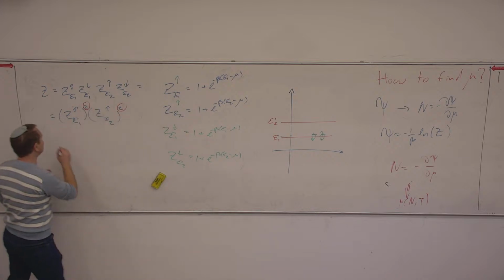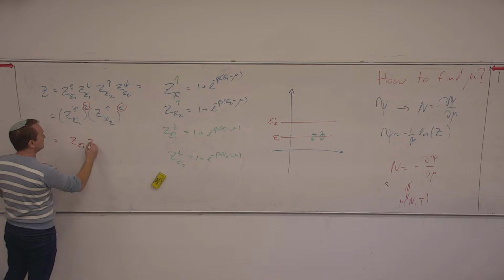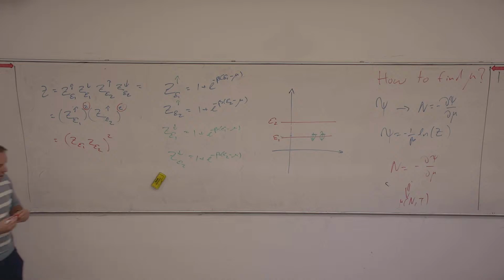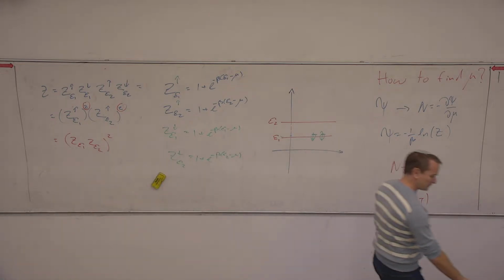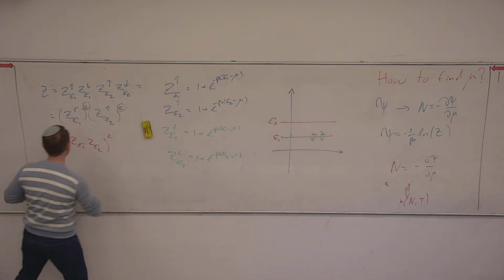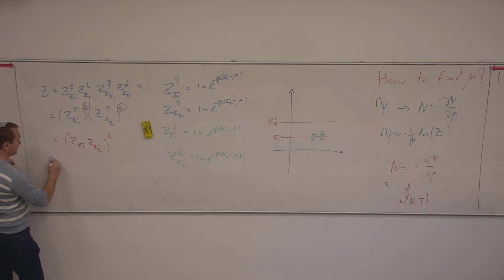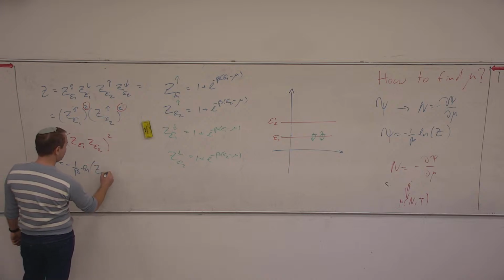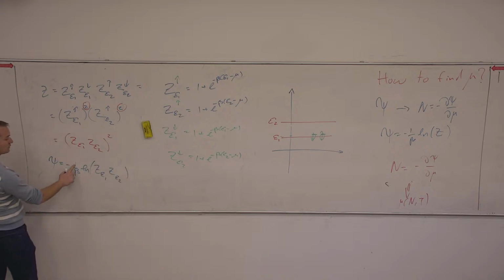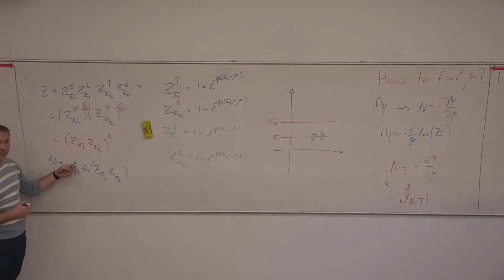Or in general, we can write it down as (Z epsilon 1 Z epsilon 2) to the second power. Now, I write psi equals minus 1 over beta log of Z epsilon 1 Z epsilon 2, and I put 2 over here. So the degeneracy is always coming over here.